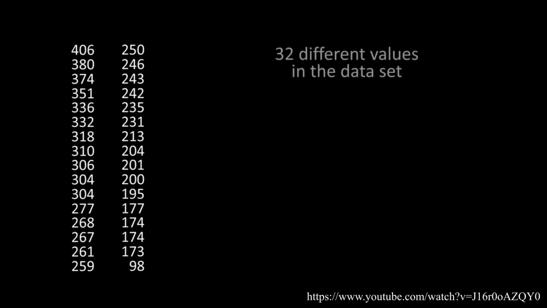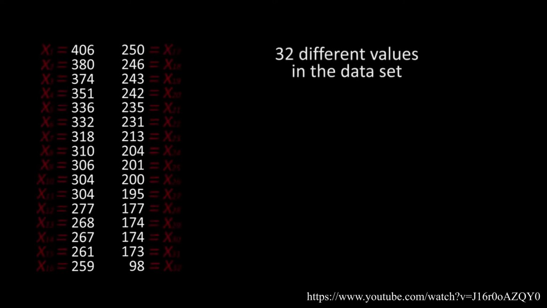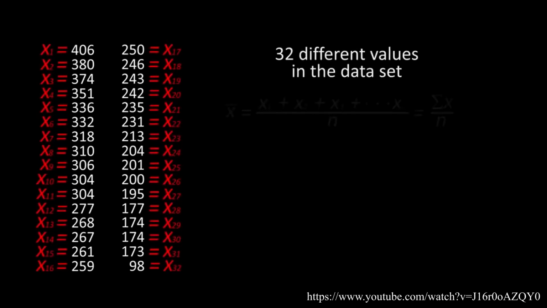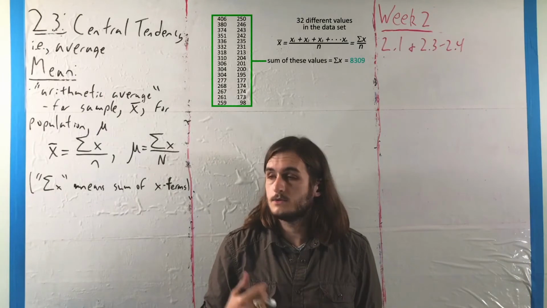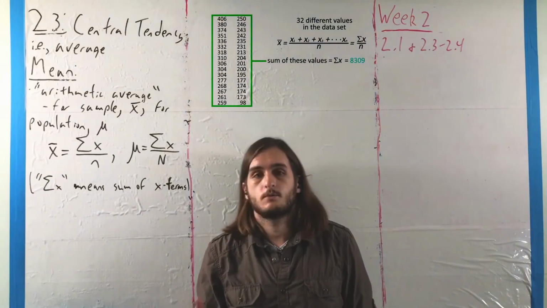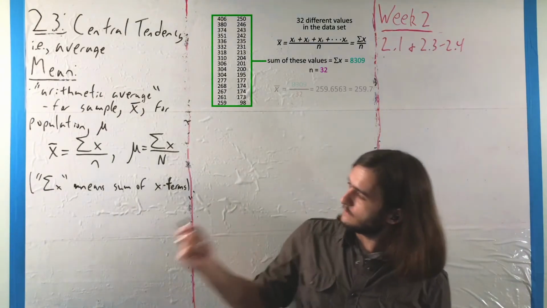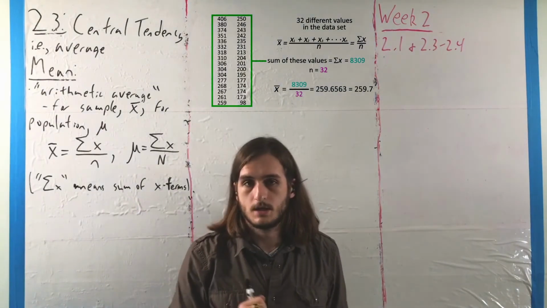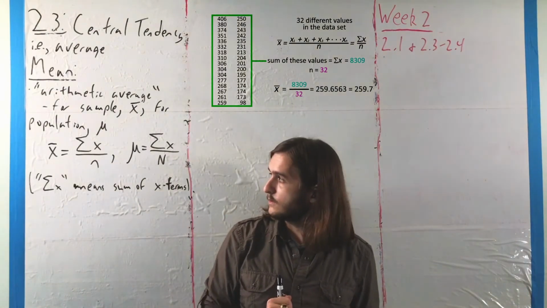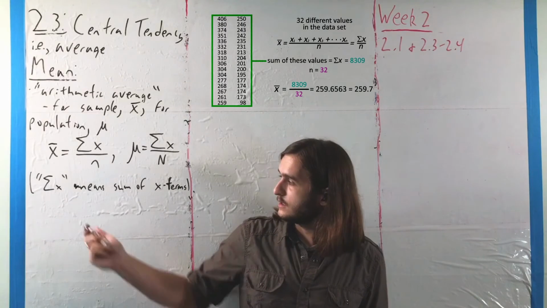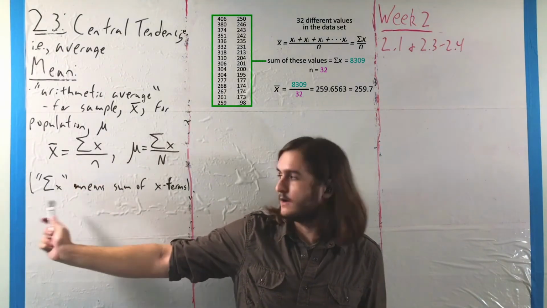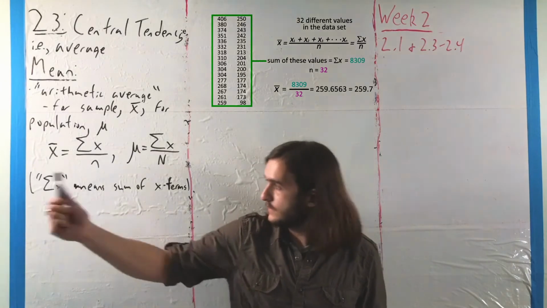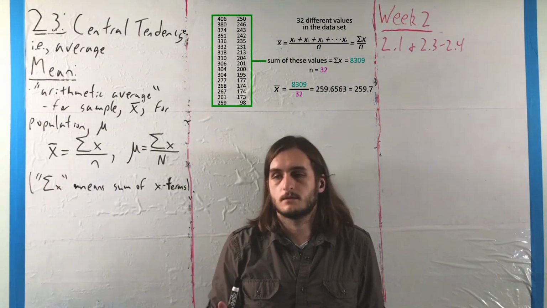You look at all of the values in your data set, you add them all up, and you divide by the number of values in the set. We have specific notation for this: the capital sigma means take the sum of, and then we divide by the number of things.